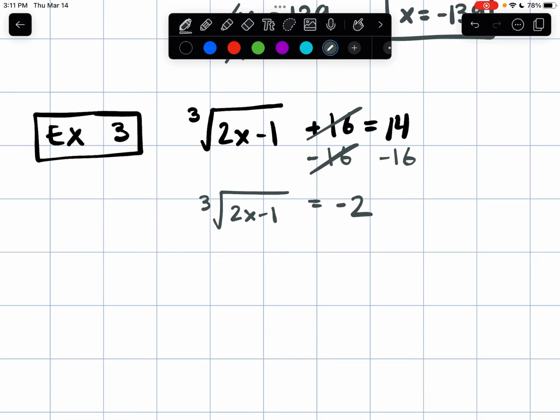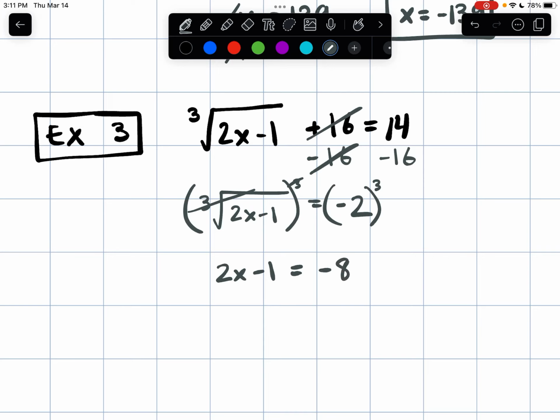We said that to undo a cube root, I need to cube both sides. So I'm going to raise the left side to the third power and the right side to the third power. Got to keep it balanced. Cube and cube root undo each other, leaving me with just 2x minus 1. And negative 2 times negative 2 times negative 2 is negative 8.